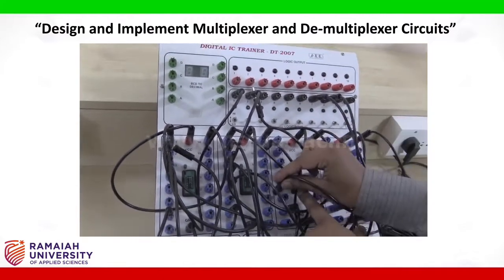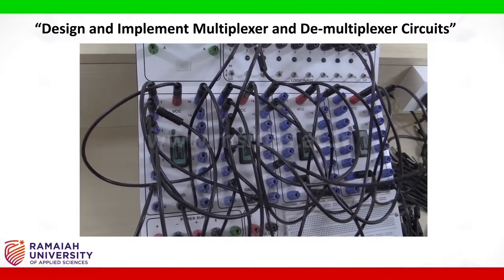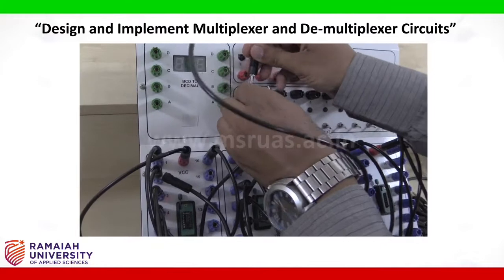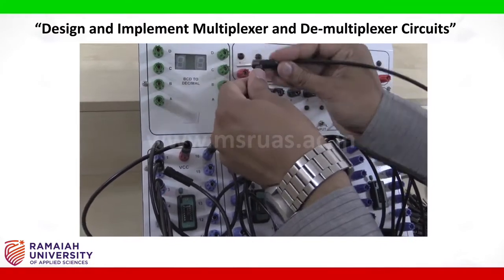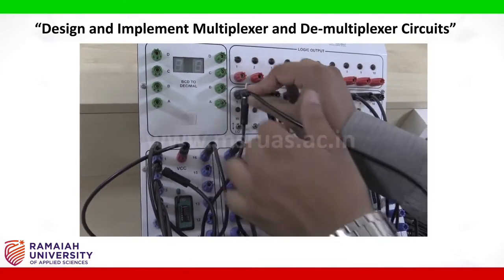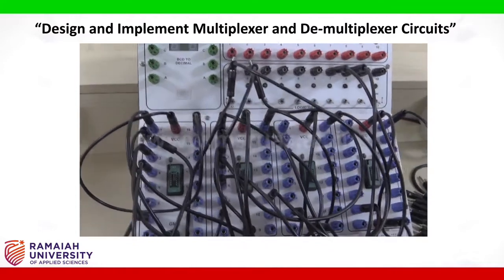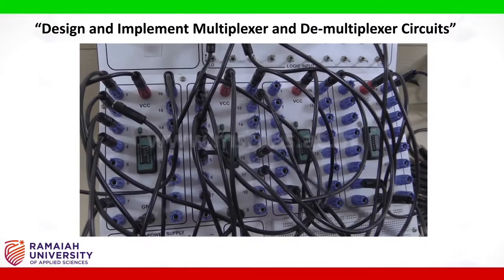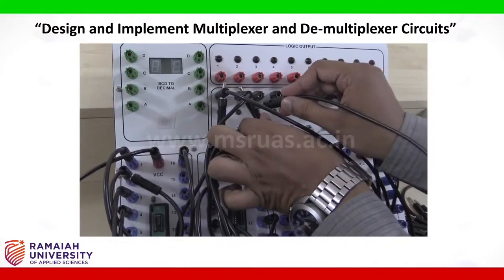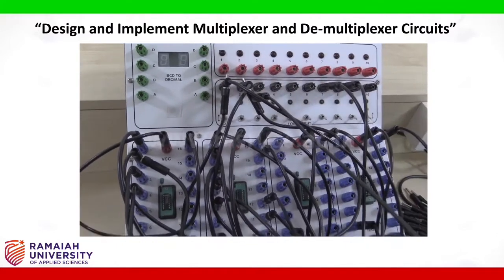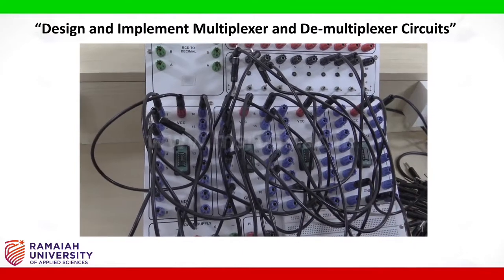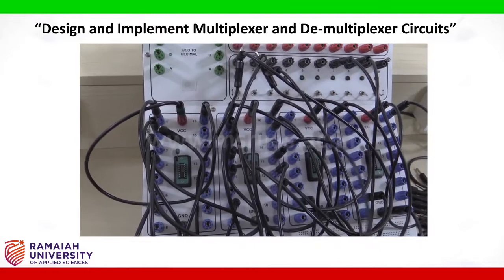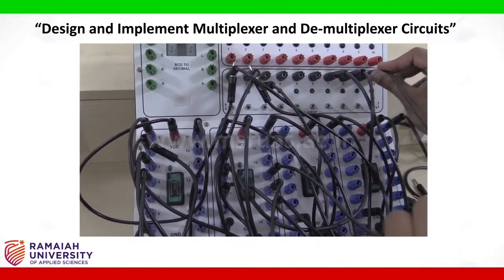Pin number 9 of the AND gate is connected as select line 1. I am connecting here in the input select line. Pin number 10 is connected to S0 again, select line. Pin number 11 is connected to the third input, that is I3.